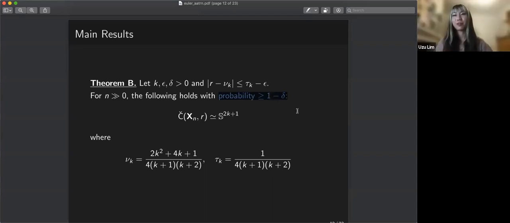So what this theorem is saying is that when you specify epsilon and delta, then the n can be growing large in order to make these things happen. So if I said delta is 0.01, then I can make this homotopy equivalence happen with 99% probability. Does that make sense?